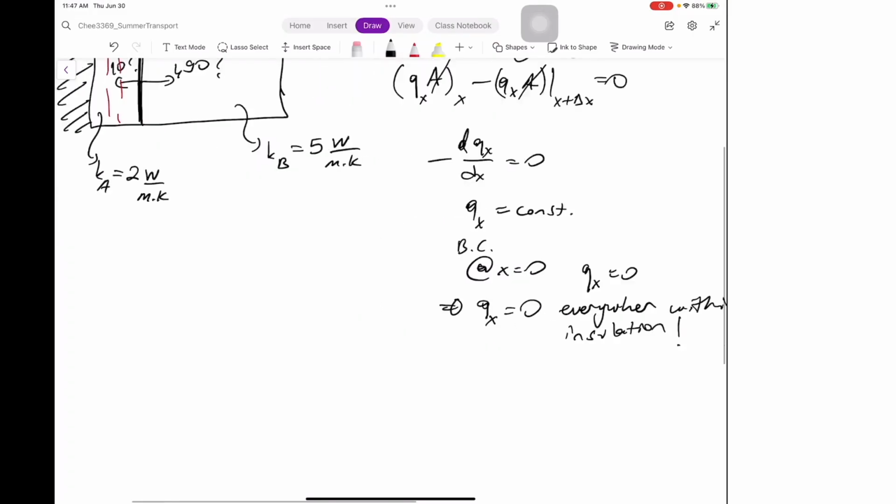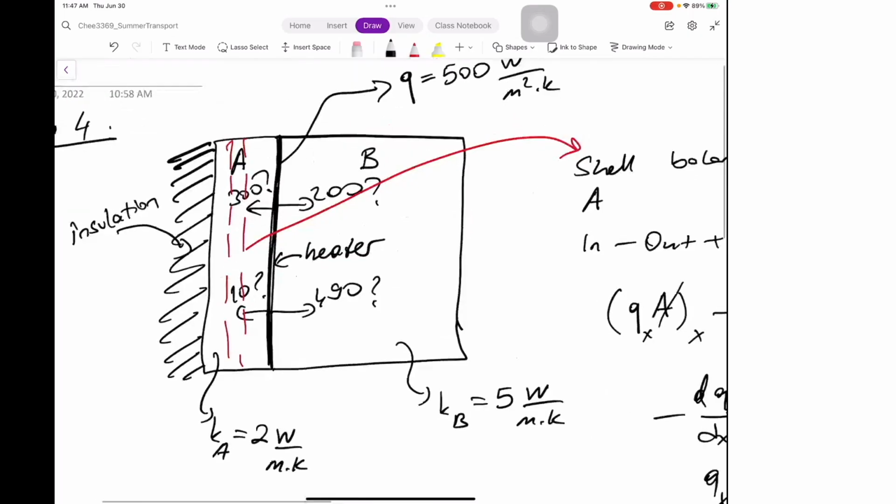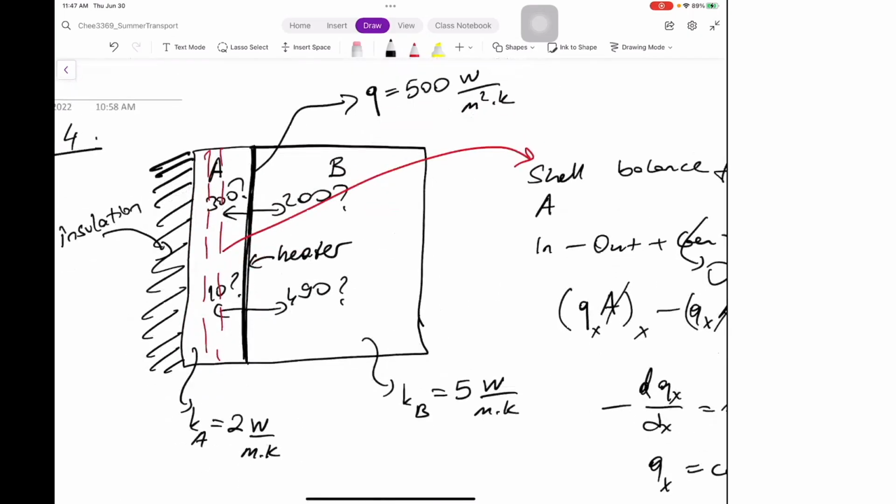That's a very remarkable thing. It tells you that the entire heat generated in this heater is fluxing to the right-hand side. So you can say that it's basically 0 to 500.